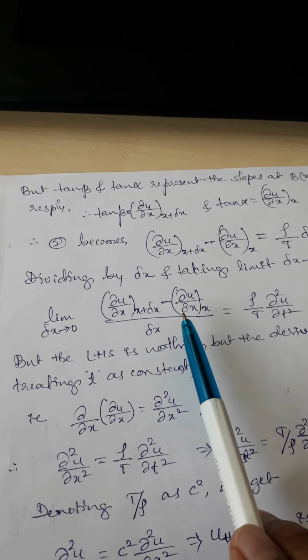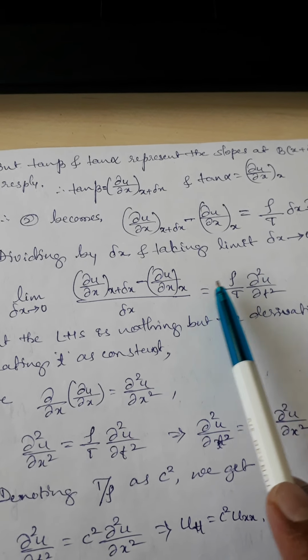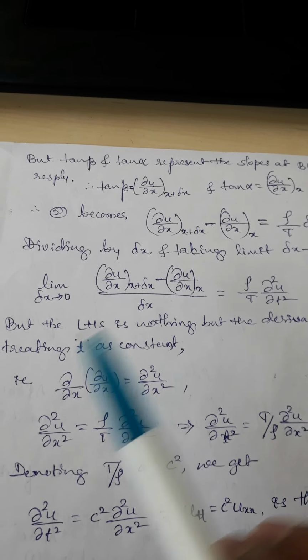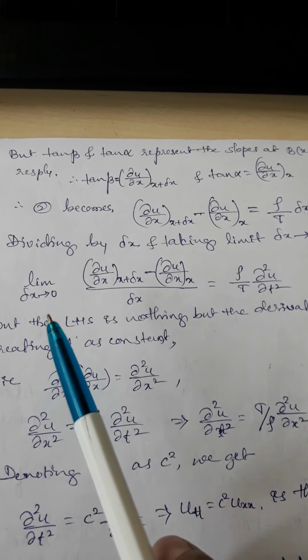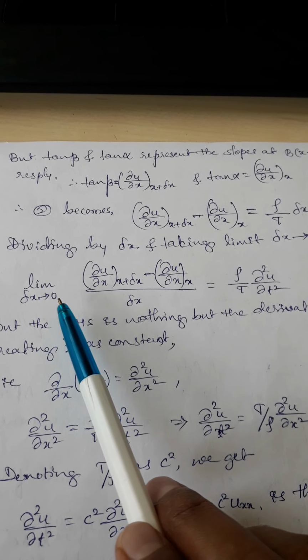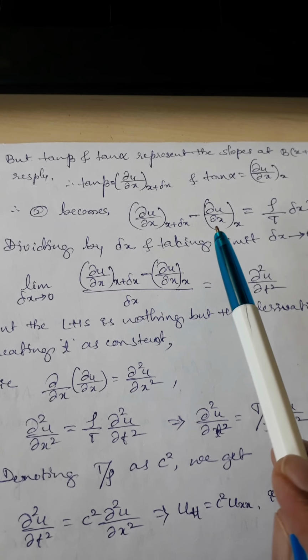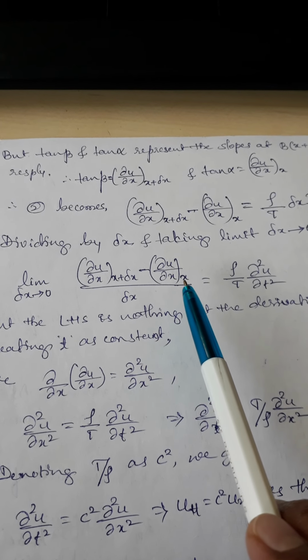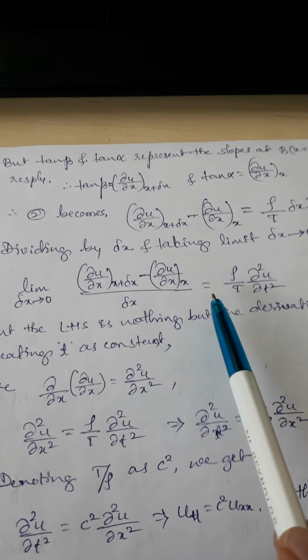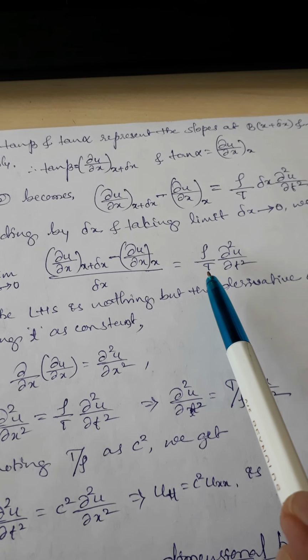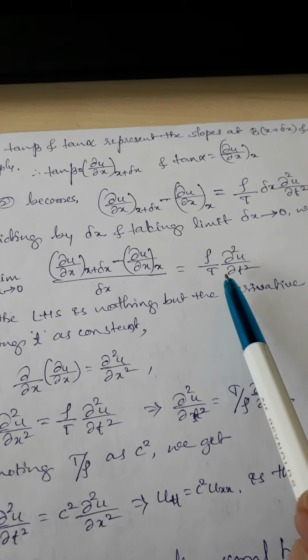Dividing by delta x and taking the limit delta x tending to 0, we have the limit of ∂u/∂x at x plus delta x minus ∂u/∂x at x, divided by delta x, equal to rho by T ∂²u/∂t².